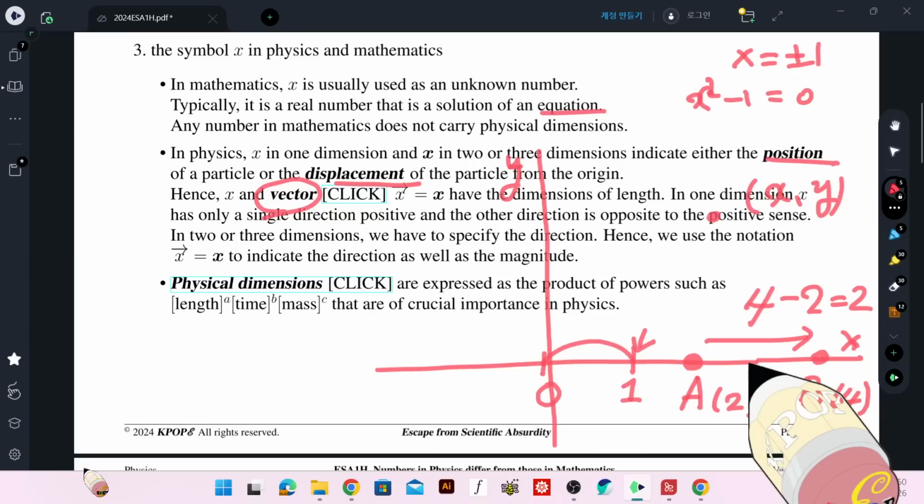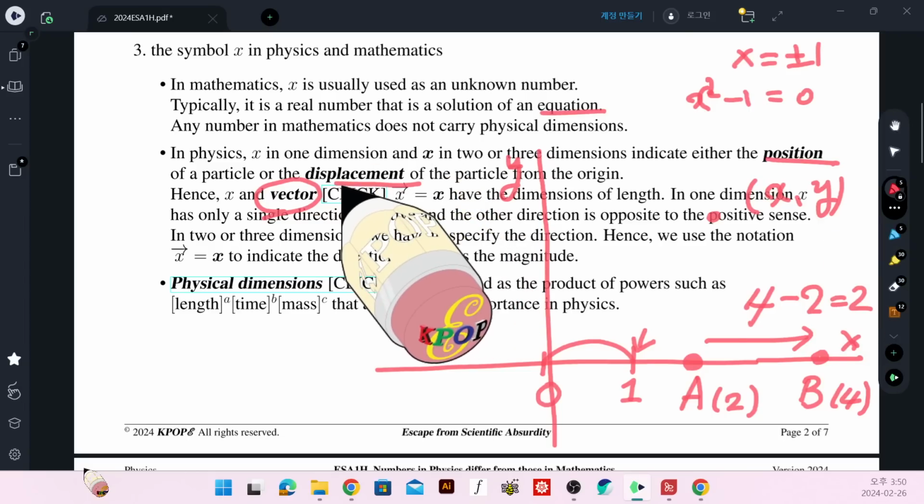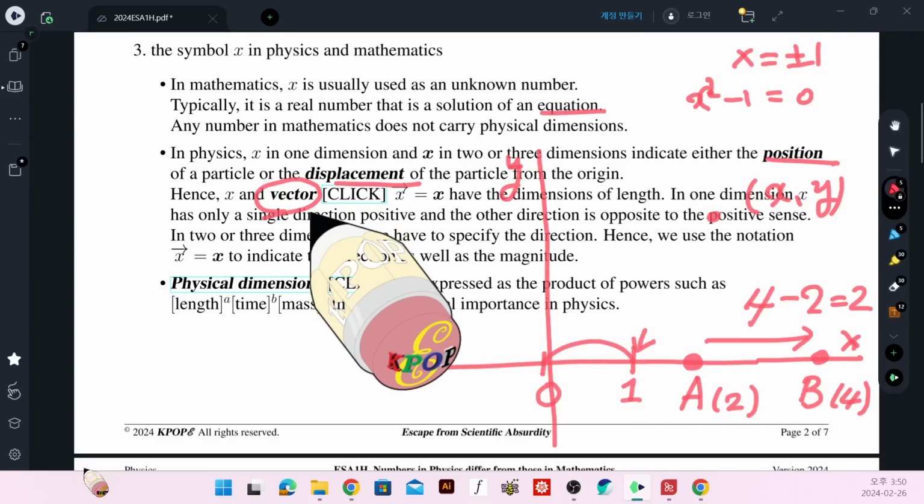So extension to the two-dimensional and three-dimensional case for the change in the position and relative position of 2 points is expressed as the displacement, and that displacement is not restricted to a real number, but it is extended to a vector that is 1, 2, or 3-dimensional object.